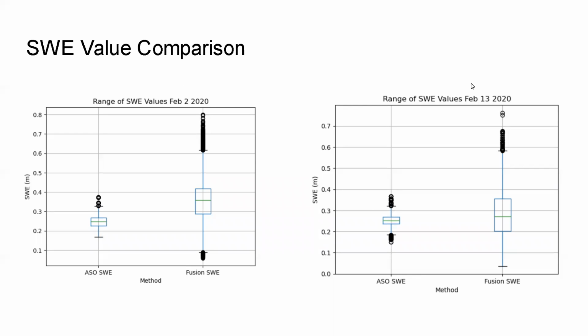But in general, that interquartile range shows for both these dates how much more diverse the densities from this fusion SWE were. And as we'll see in the next slide here, looking at this first date, the interquartile range from our fusion SWE was significantly higher than that ASO SWE from the 50-meter grid cells.